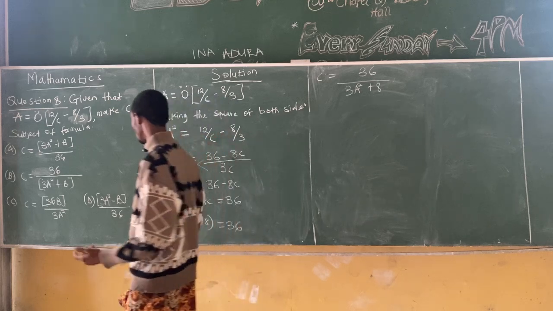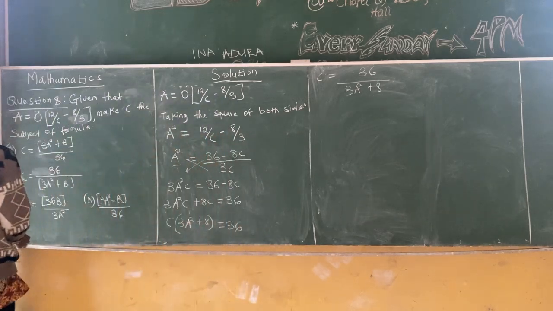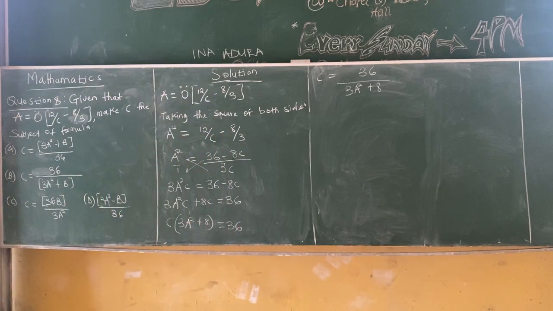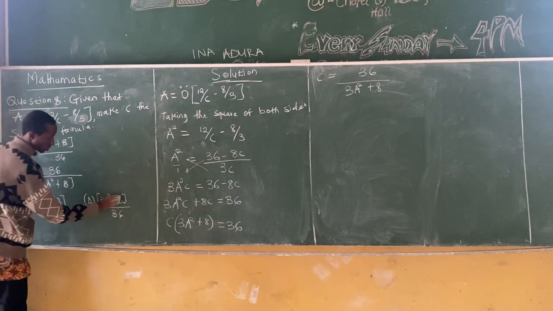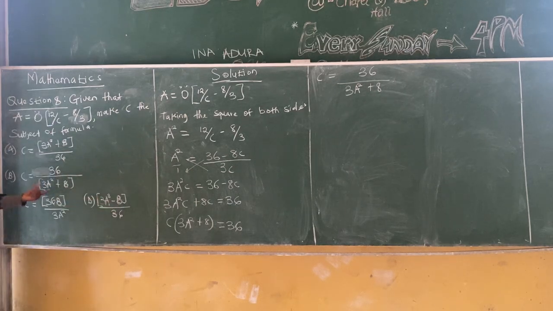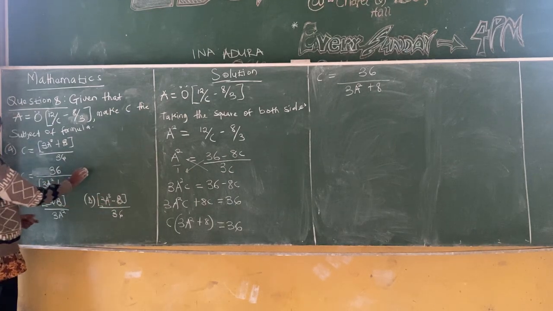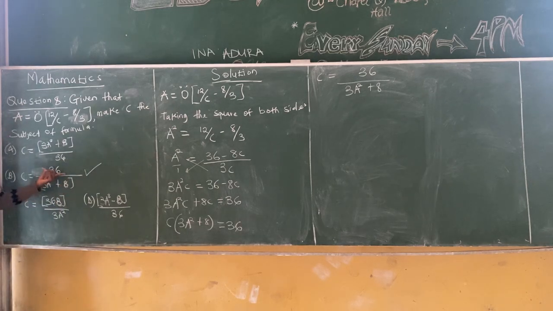Which of them suits our answer? So this is option B. Don't forget, this is A, not B. This is A. So the correct option here is option B, 36 over 3A squared plus 8.